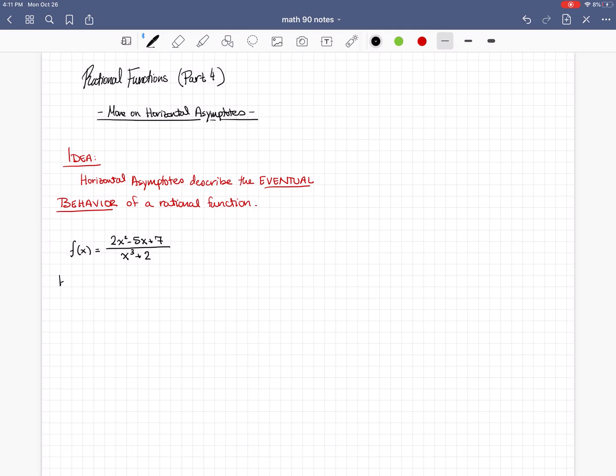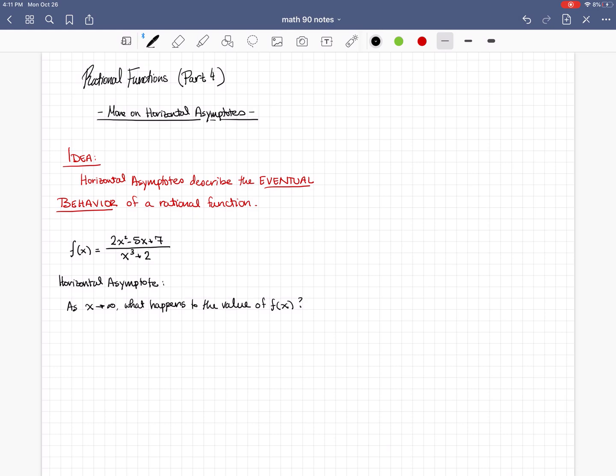So the horizontal asymptote is looking at what happens as x grows beyond all bound. So as x goes to infinity, what happens to f of x, or maybe I should say to the value of f of x?